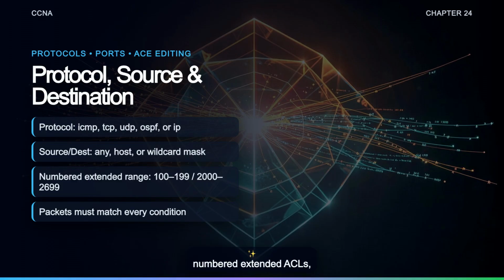You can use numbered extended ACLs, numbers 100 through 199, or 2000 to 2699, configured in global config mode with the access-list command. The core syntax is permit or deny, then protocol, source, and destination. A packet must match all of these. Partial matches don't count.